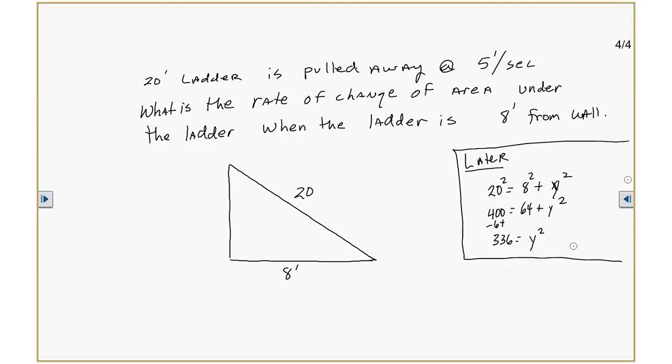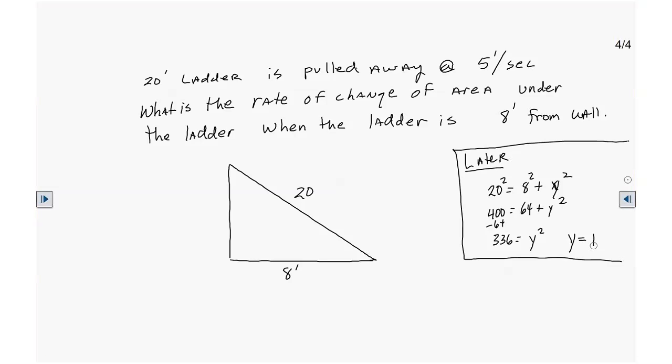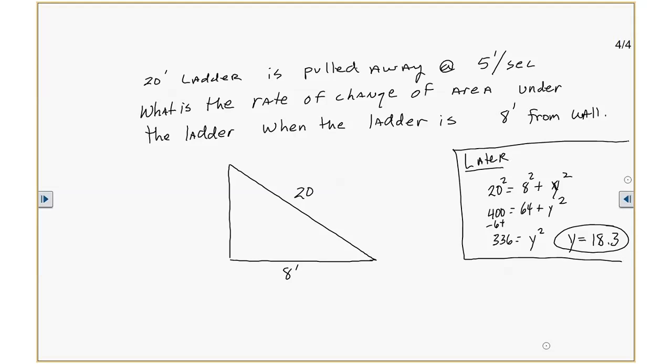What's that equal to? 18.3. Now, we may or may not need that, but the main thing is we have it. Okay, so just leave that over to the side.